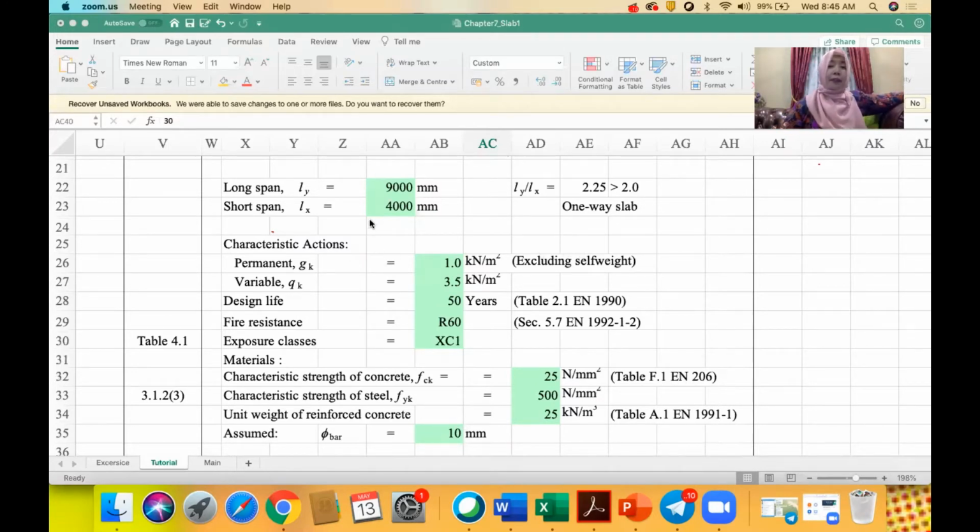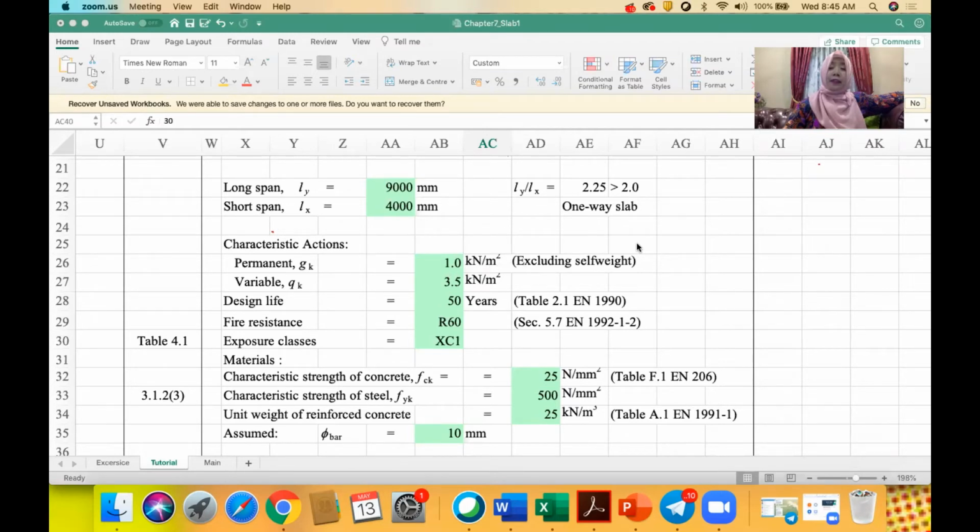Okay, now we have data given. Permanent Gk is 1.0. Permanent Gk means load from the finishes, just like the tile, the ceiling and so on. So usually we will take about 1.0 kilonewton per meter square.